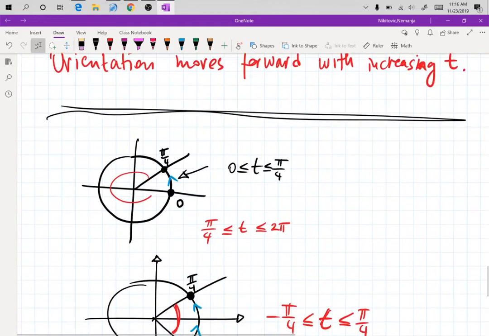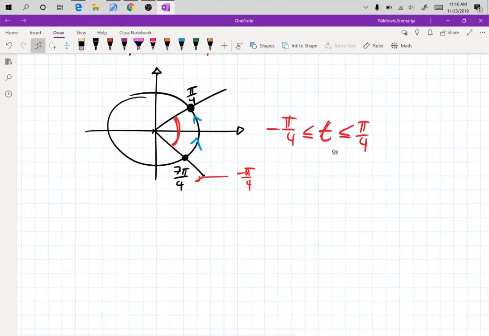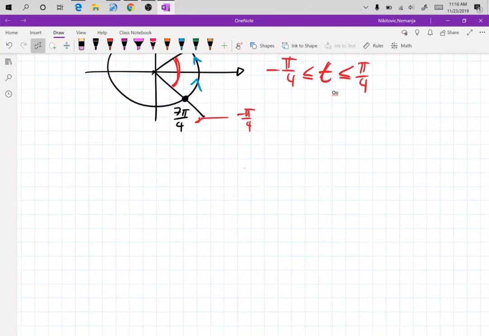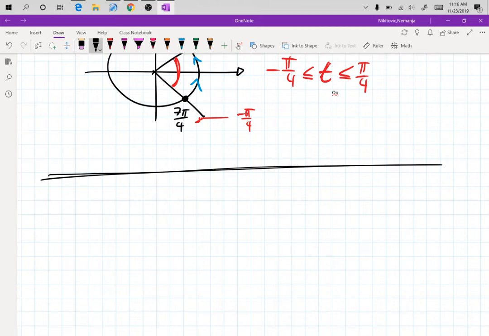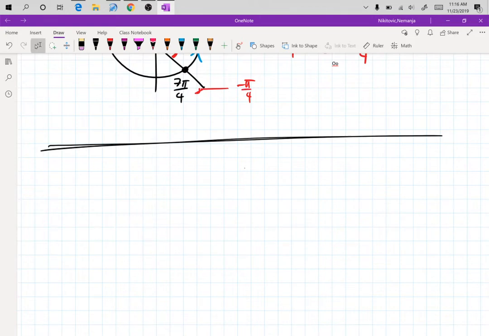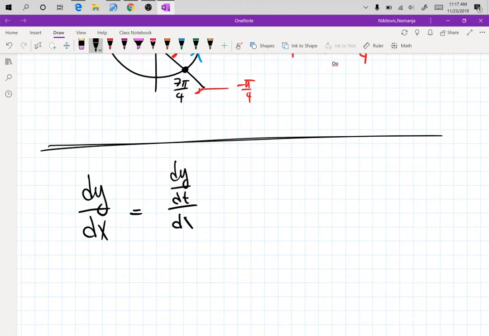And finally, they have tangent lines. And for tangent lines, we need a derivative, right? So we are going to define the derivative dy dx in terms of the parameter t. So if I have the derivative dy dx, we can just say dy dt divided by dx dt.